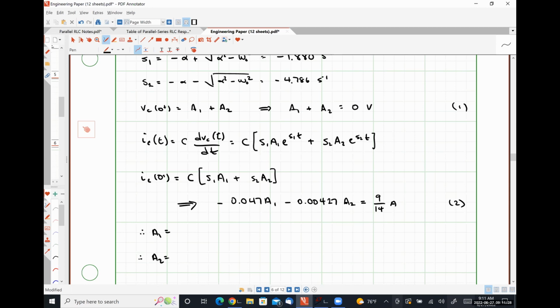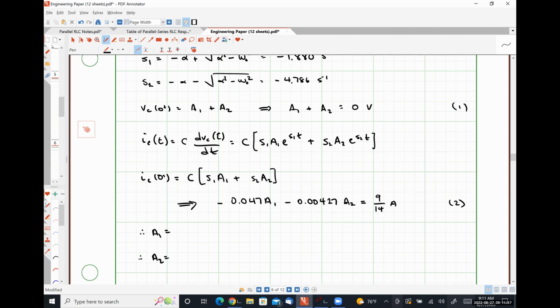So my coefficient for A1 in my first equation is 1. My coefficient for A2 in my first equation is 1. My constant term is 0. My coefficient for A1 in my second equation is negative 0.047, which I've saved as variable C in my calculator. My coefficient for A2 in my second equation is negative 0.00427, which I've saved as D in my calculator.